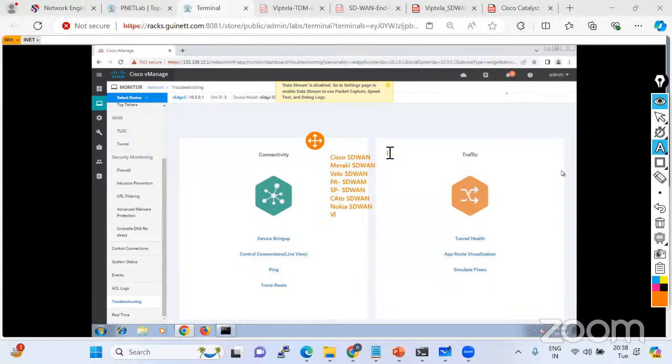Juniper doesn't have SD-WAN, they have a tie-up with some different vendors. Viptela? Viptela is Cisco, the same. I told you earlier, right? Let me write it: Cisco is Viptela plus Catalyst, all three are the same. Meraki is also Cisco, but it is a different product.